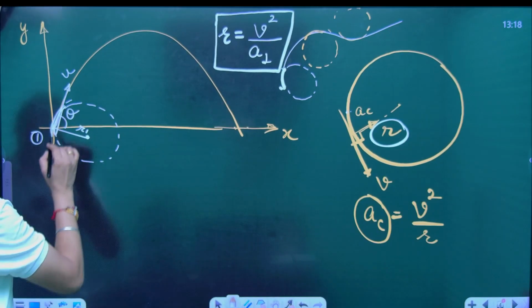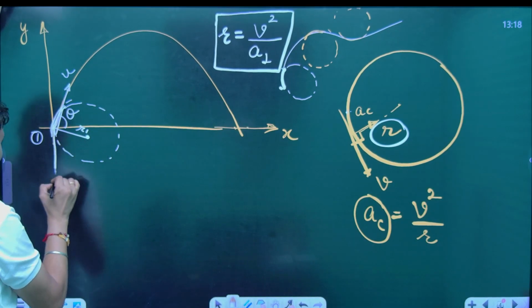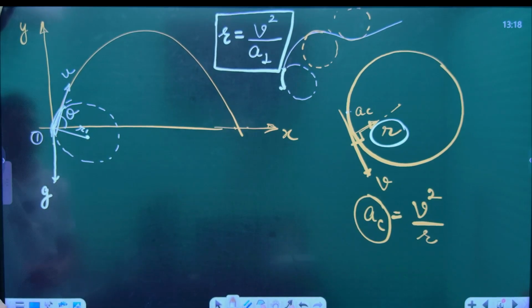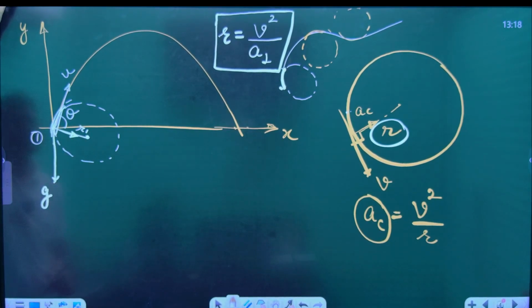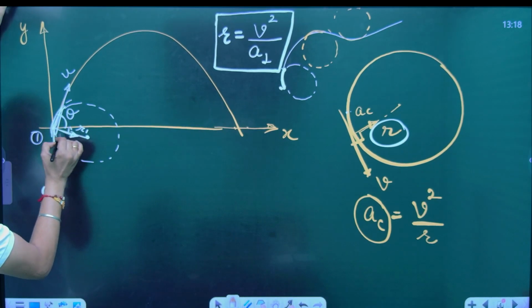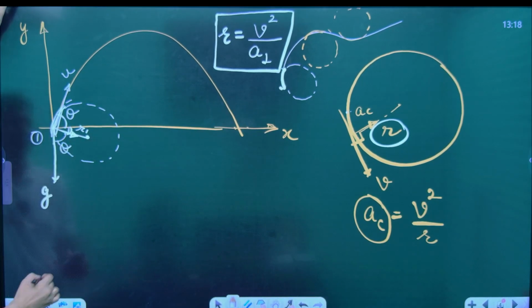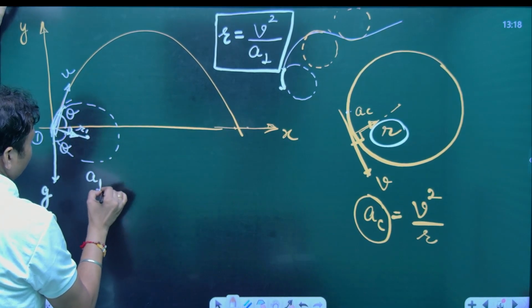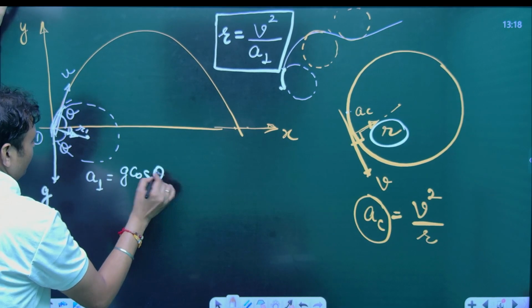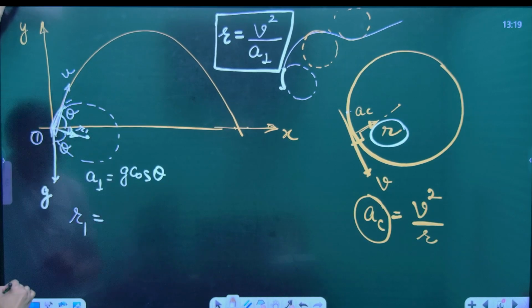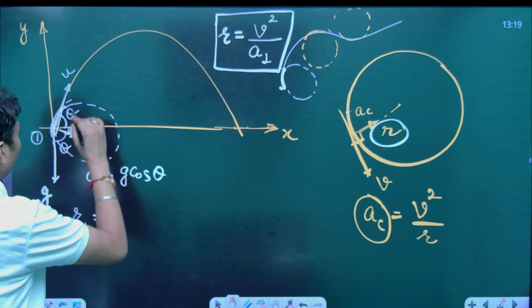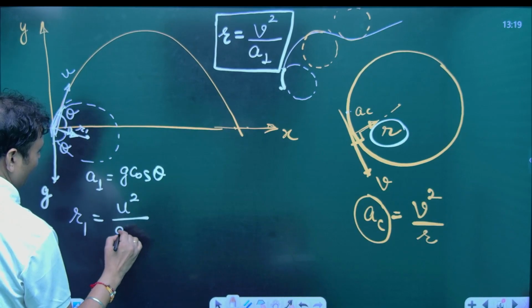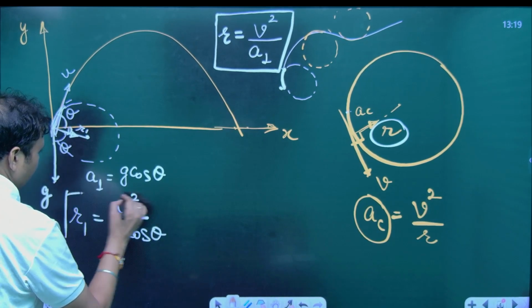Velocity is in this direction, the acceleration is acting in downward direction. We want the component of acceleration along this direction. If this angle is theta, this angle is 90 minus theta, and this angle is again theta. So a perpendicular will be equal to g cos theta. So the radius of curvature at point 1 can be taken as v square, that is u square upon g cos theta. I hope this is clear to everyone.